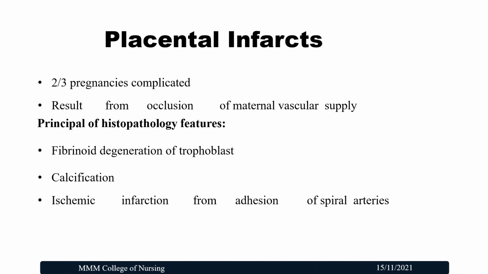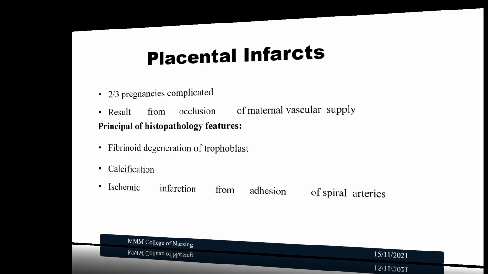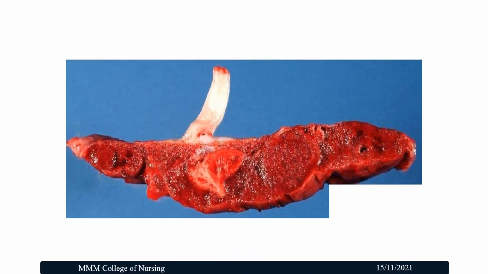Next we will see some of the placental infarcts. Two thirds of pregnancies are complicated, resulting from the occlusion of the maternal vascular supply. The principal histopathology features are fibrinoid degeneration of trophoblast, calcification, and ischemic infarction from obliteration of spiral arteries. This is one type of placental infarct.